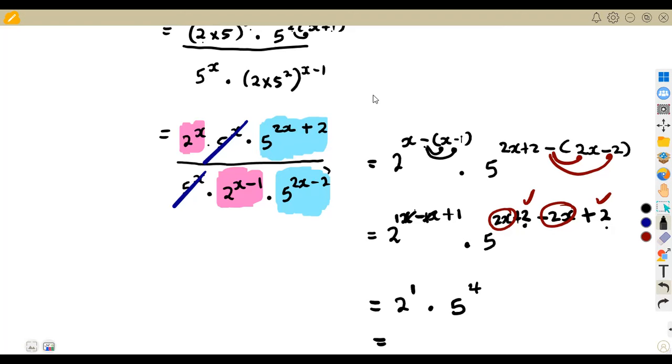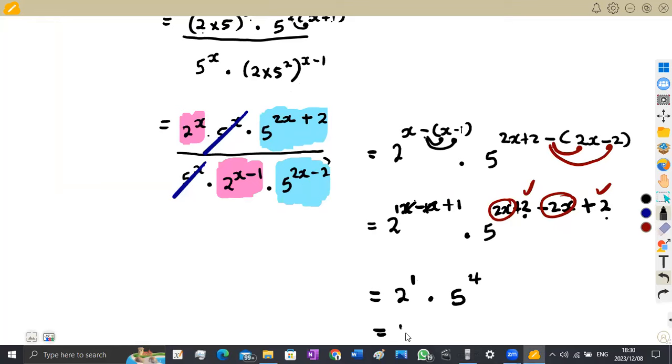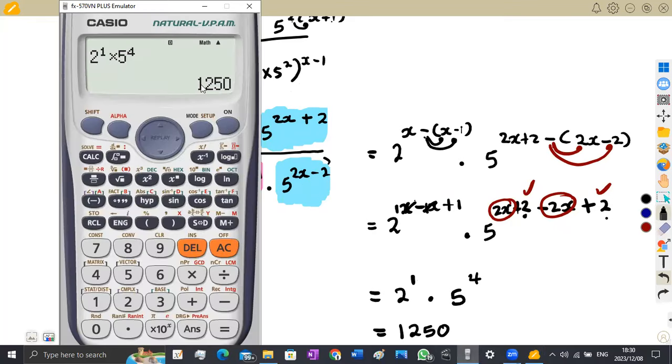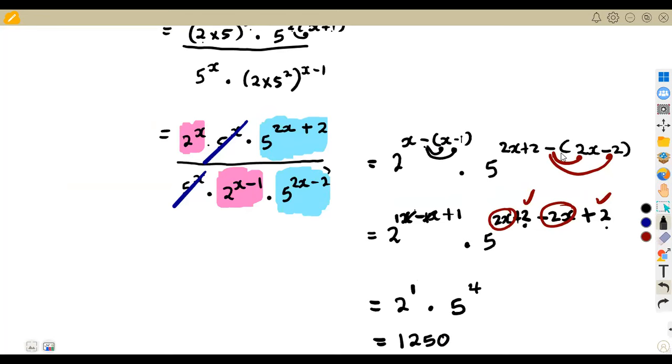So for a calculator, that is going to be 2 to the exponent of 1, guys, it's a 2, times 5 to the exponent of 4, which is 1,250. So this is going to give us 1,250. This is the answer that you're supposed to obtain after simplifying this whole part.